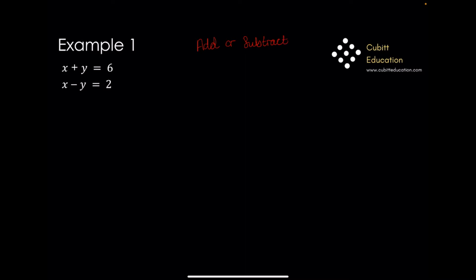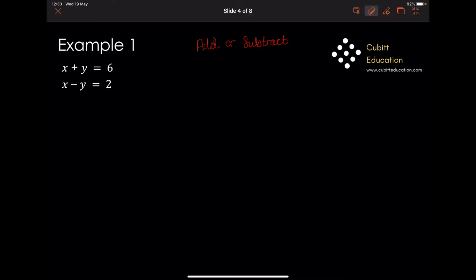What's nice about this equation is our x values and y values are currently just 1. So we only have one x and one y, whether that's positive or negative, in each equation. Obviously this is a minus y, but there's still only one of them. So this is going to prove to be a nice question for us to tackle.